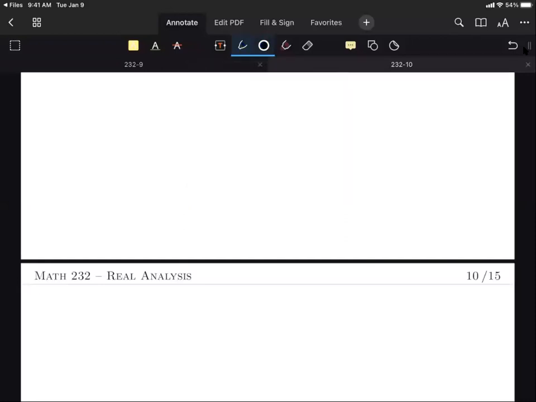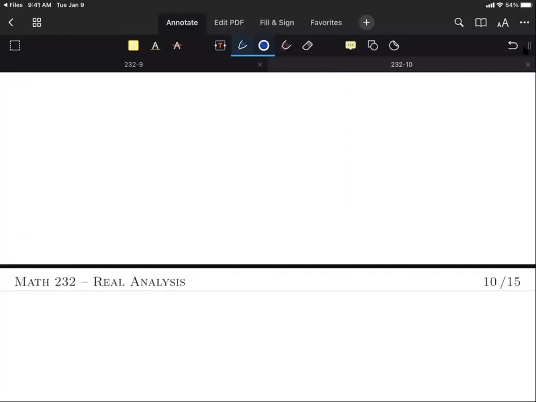Now let us continue describing other properties of the Lebesgue integral. So the first one is, let's say, the continuous version, or the integral version, of your triangle inequality.